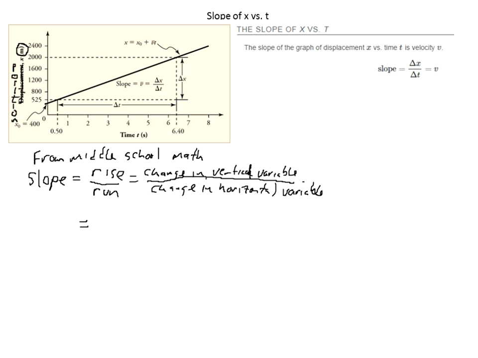So in this case, change in is represented by the Greek letter delta. That's one way to represent that. And in this case, the vertical axis variable is position.